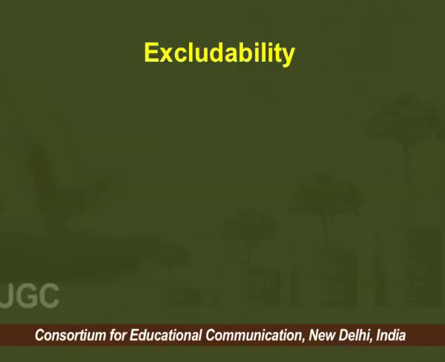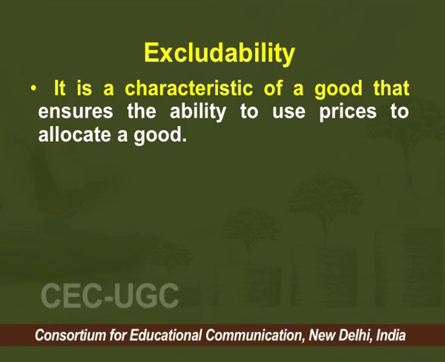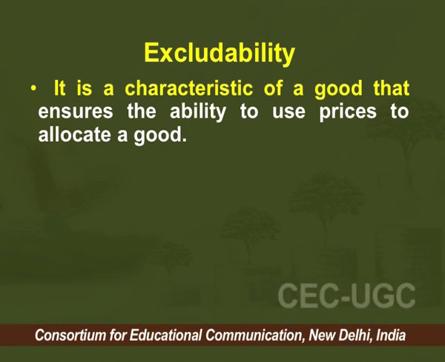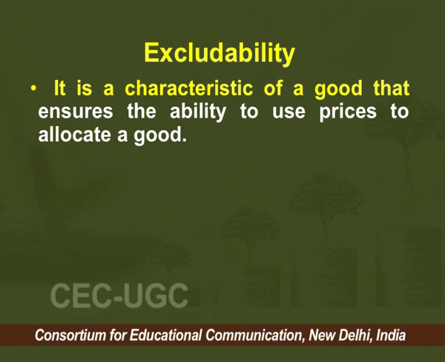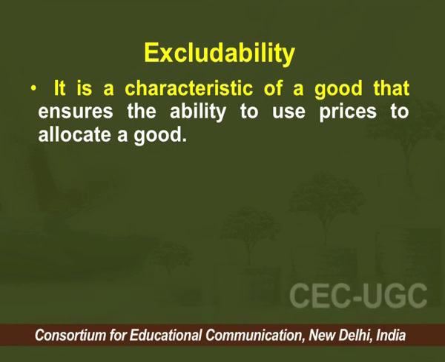Let us come forward for the discussion on excludability. It is a characteristic of a good that ensures the ability to use prices to allocate a good. There are so many goods available in the market and one needs to decide how much is available for whom.